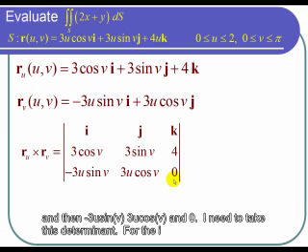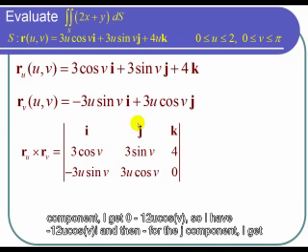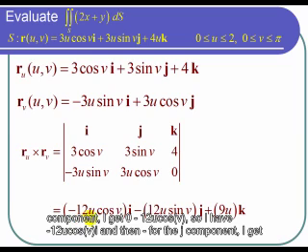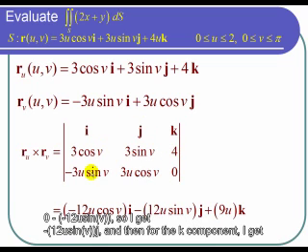So I need to take this determinant. For the i component, I get 0 minus 12u cosine v, so I have negative 12u cosine v i. And then minus, for the j component, I get 0 minus a negative 12u sine v, so I get minus 12u sine v j.